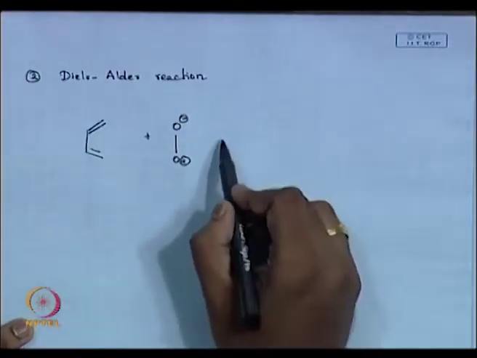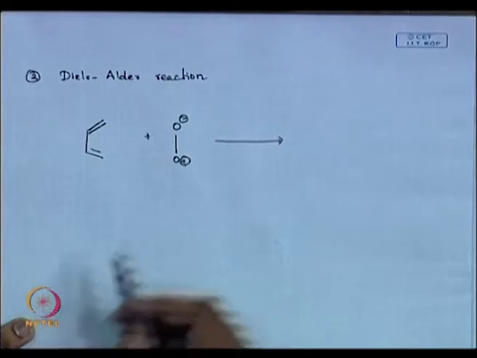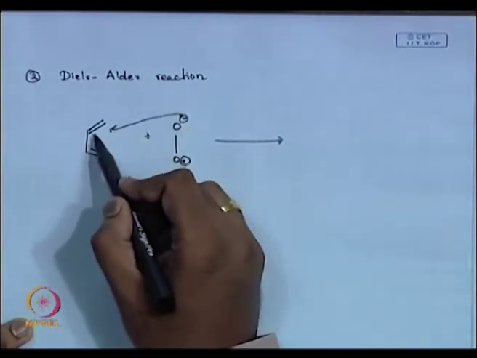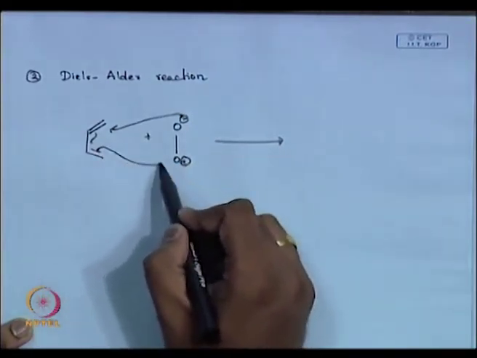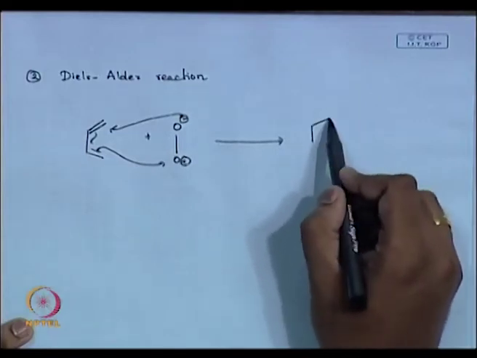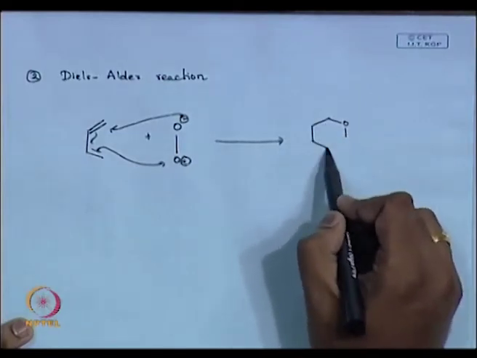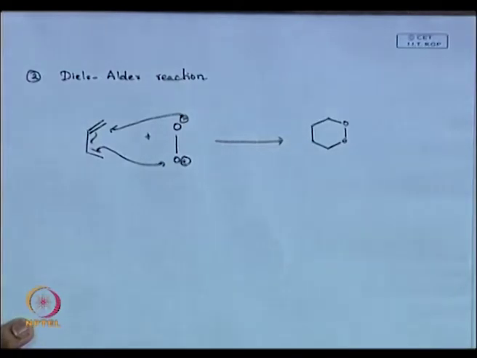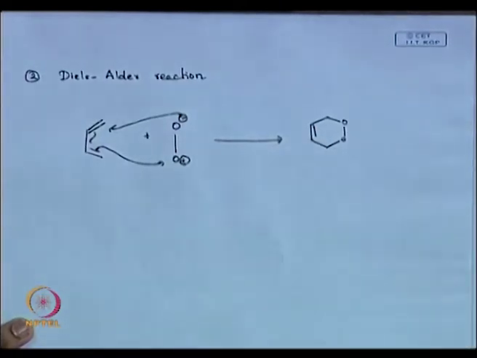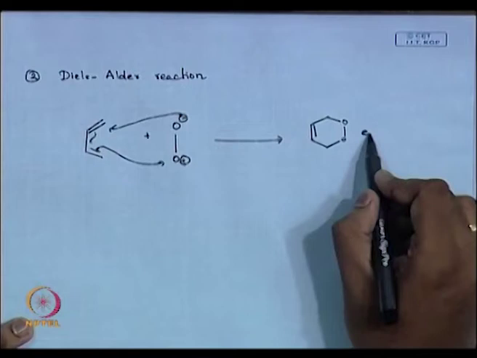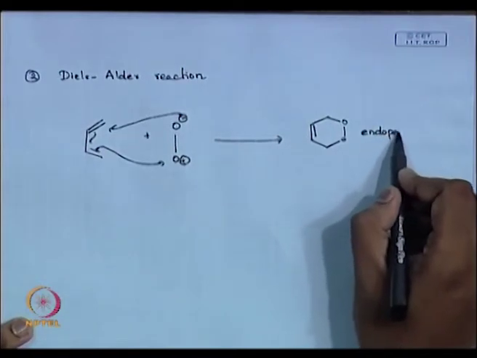I can generate a singlet oxygen. Okay. So, I can do my nice Diels-Alder. You call this as endoperoxide.